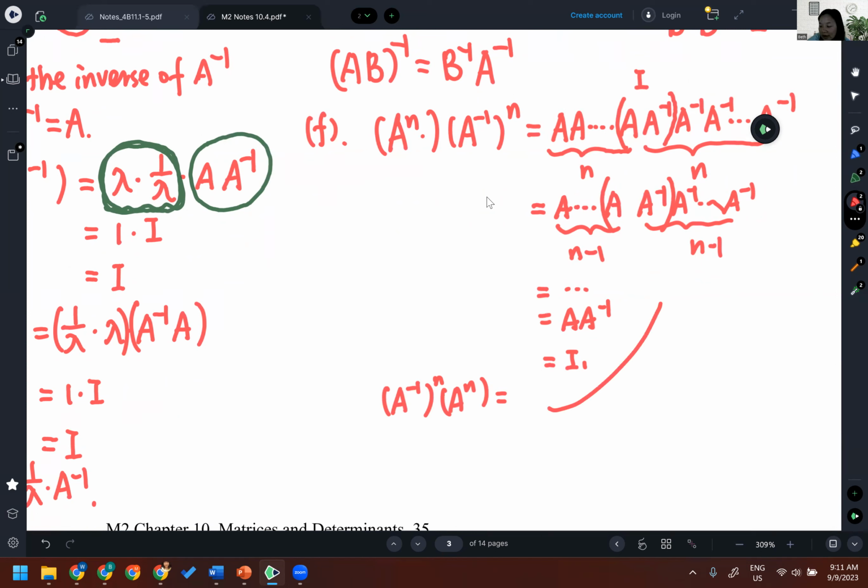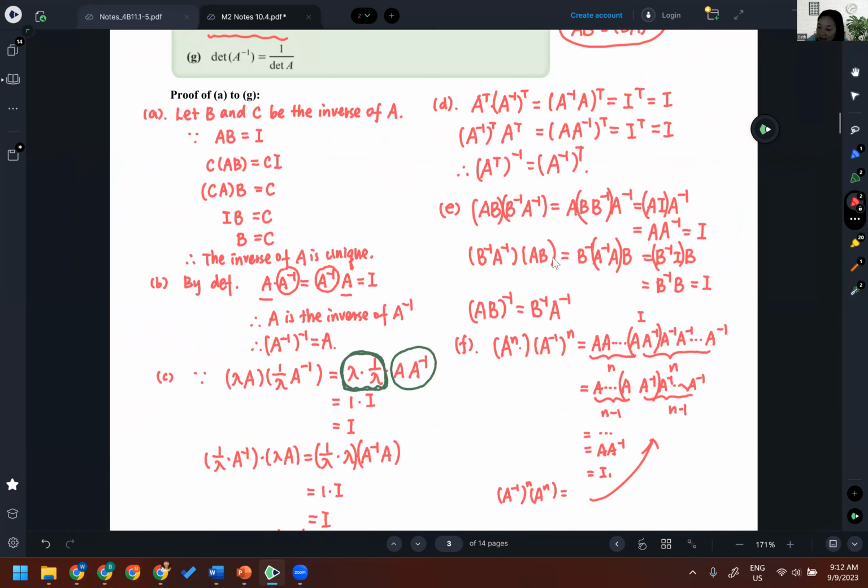Same method, okay? And then you will verify all that is true. So that's F.